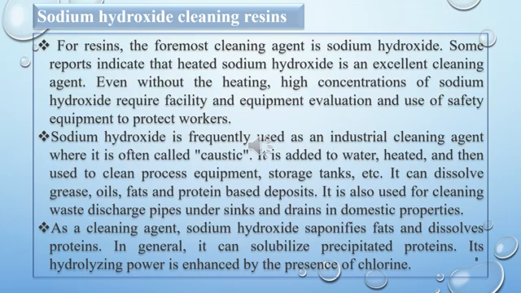Storage tanks and different equipment are washed by sodium hydroxide. It can dissolve grease, oils, fats, and protein-based deposits. It is also used for cleaning waste discharge pipes under sinks and drains in domestic properties.